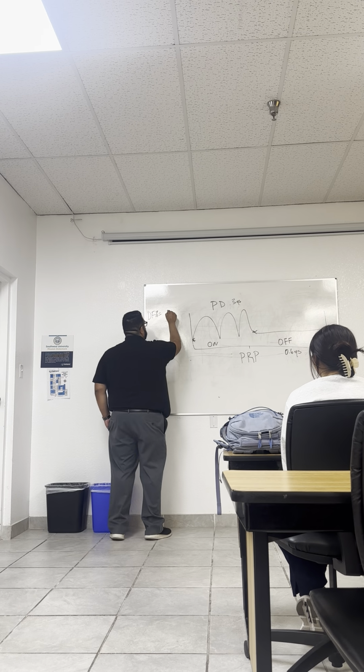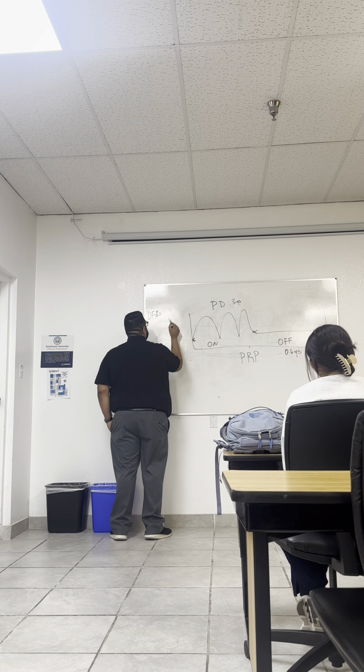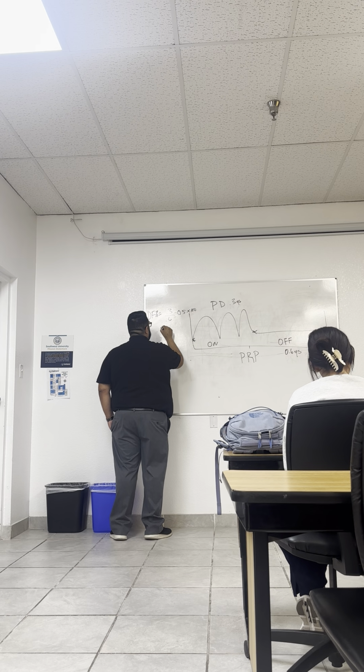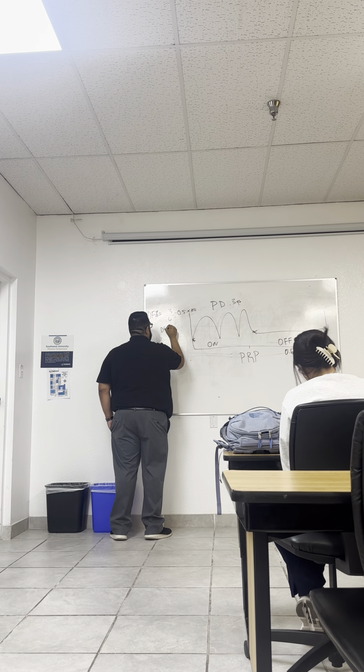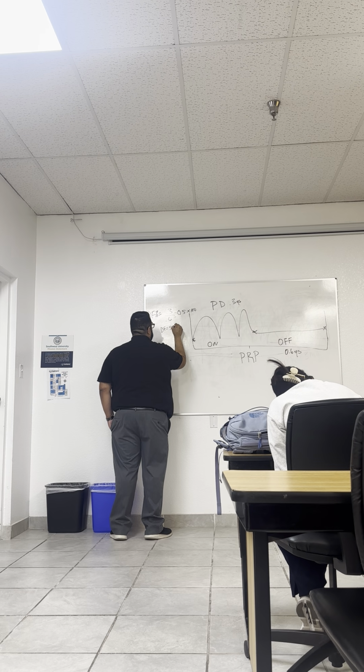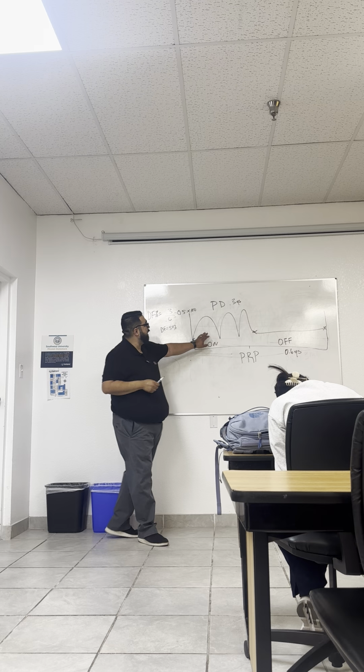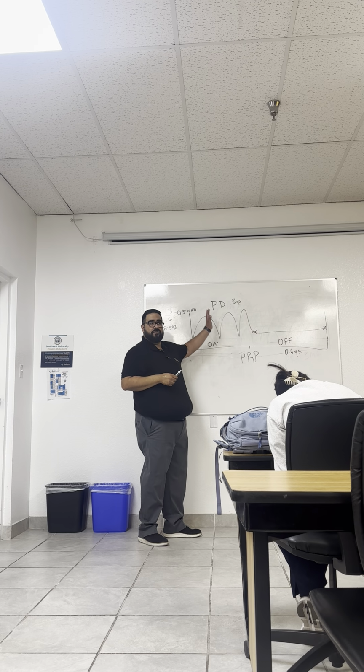So it's going to be 0.3 over 0.6, which equals 0.5, but then we multiply it by 100, which gives us a duty factor of 50%. So this means that our pulse is active exactly 50% of the time.